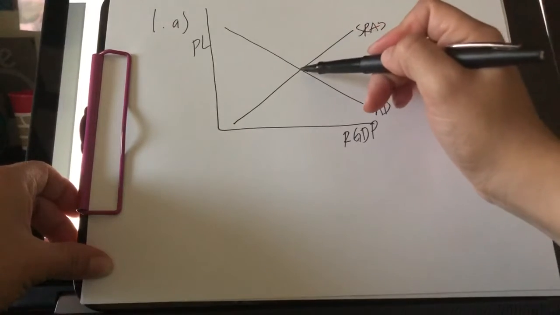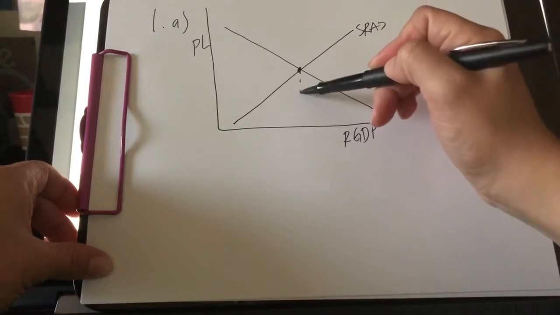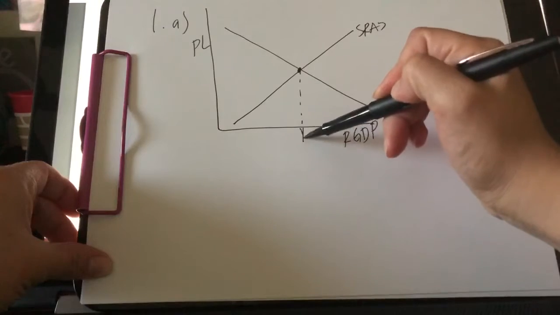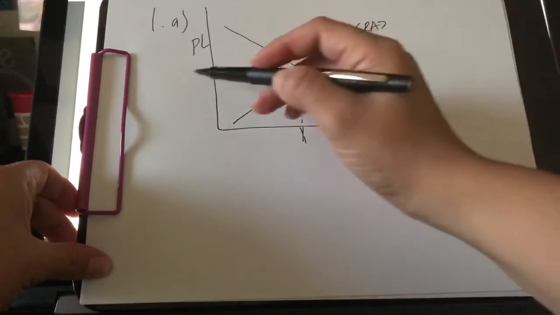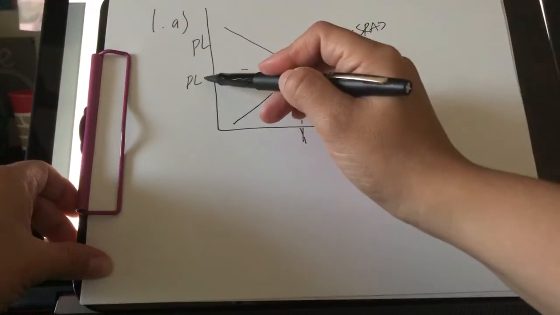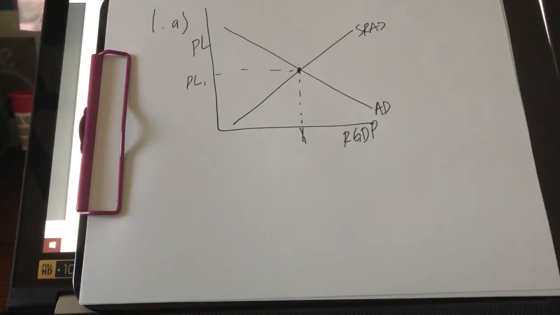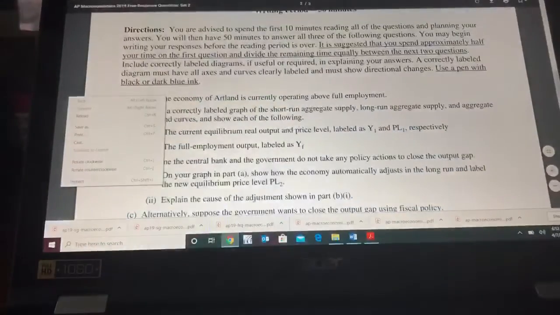Here's my equilibrium point, right? And it wanted me to label this Y1. And then it also wanted me to do price level. Okay, there we go. I have earned 2 points according to AP, because it asked me to do everything at equilibrium. Okay, so then let's look at the next one.